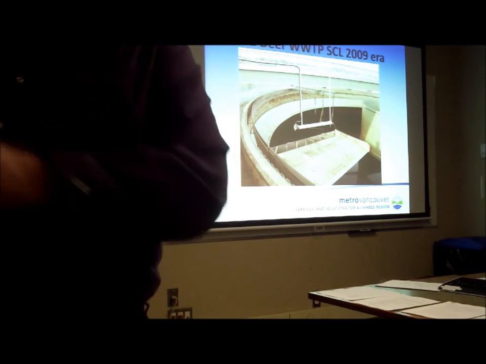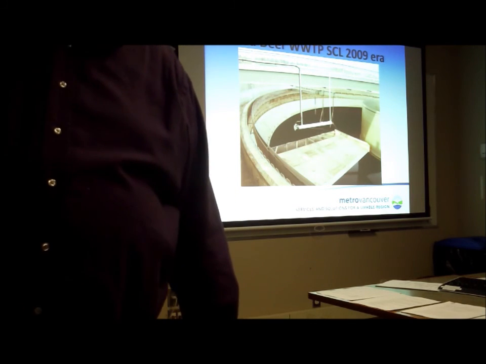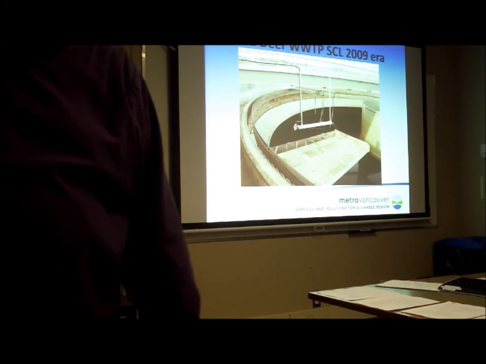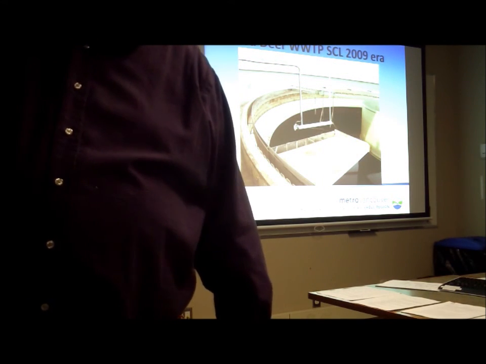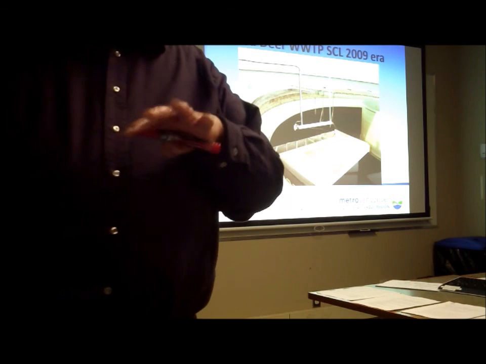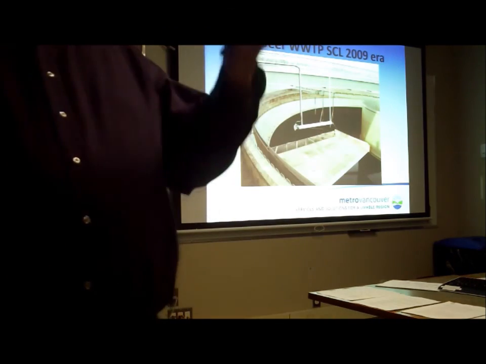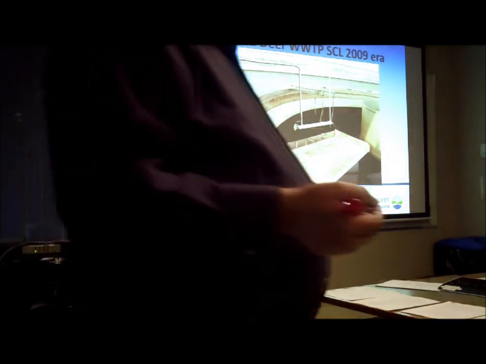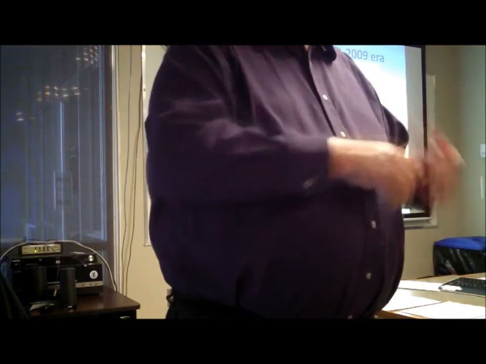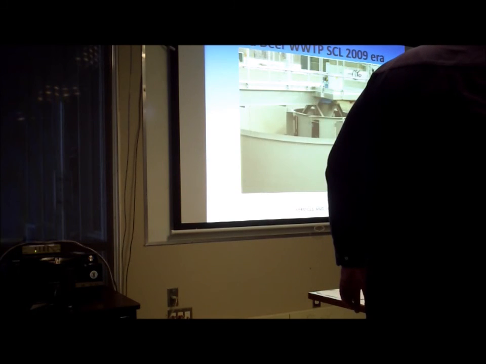If this is the launder, let's assume that's the surface level of the water overflowing. Well, the top of the tubes for the sludge removal were roughly a foot lower than the overflow weir. So gravity would naturally force that sludge to come up. It actually worked pretty well, but there again, not necessarily the best control.